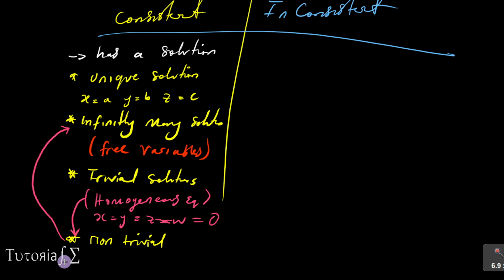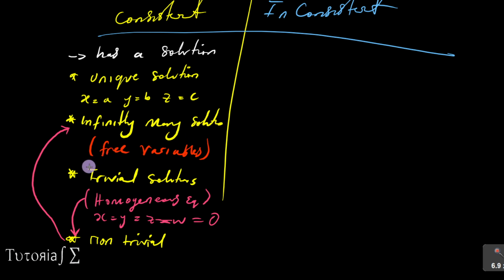So these are the types of solutions. When a system of equations is consistent, it basically means it has a solution, and we can check by solving whether the solution is unique or has infinitely many solutions.